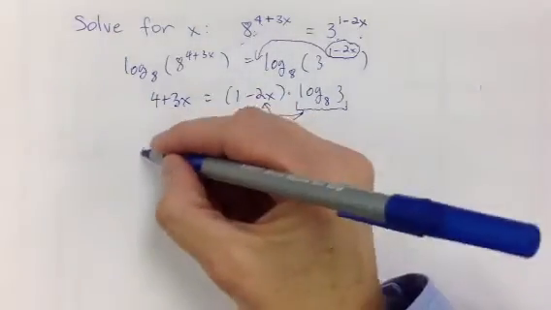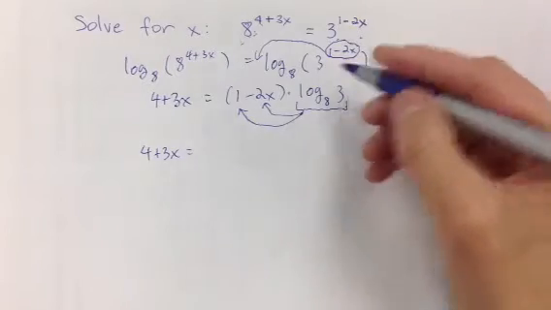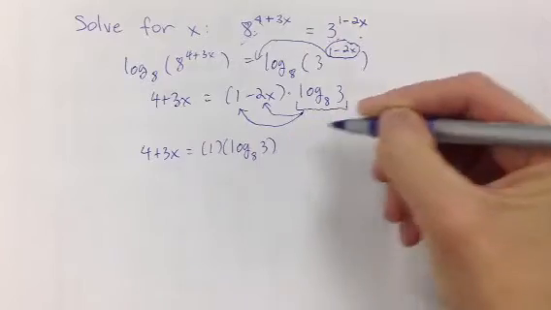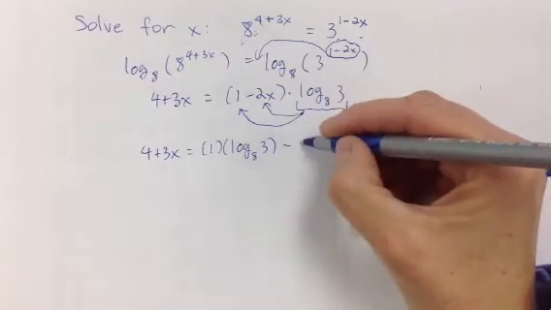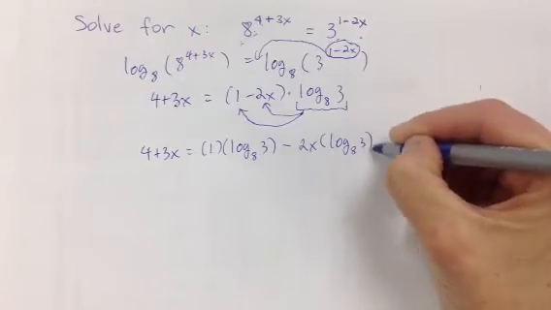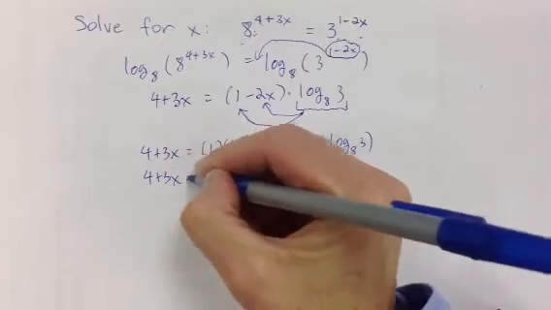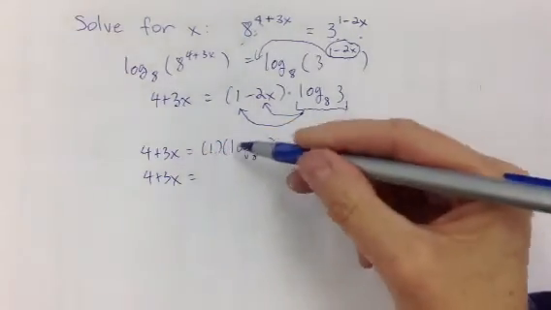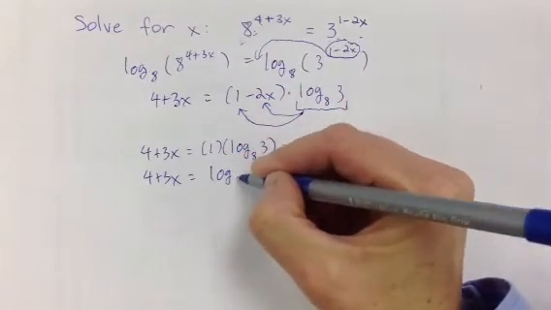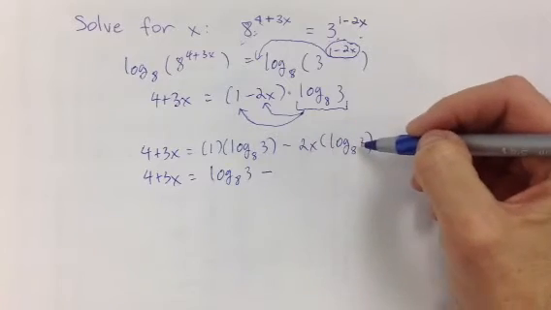So I have 4 plus 3x on this side equals 1 times log base 8 of 3 minus 2x times log base 8 of 3. All right, well, I'm going to keep this side, so 4 plus 3x equals 1 times log base 8 of 3, that's just log base 8 of 3, minus 2x times log base 8 of 3.